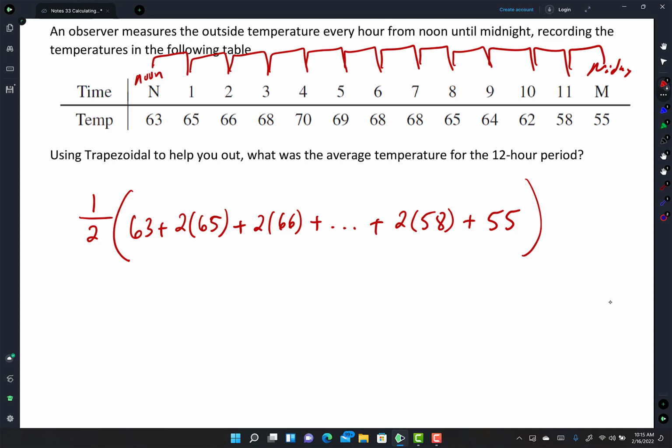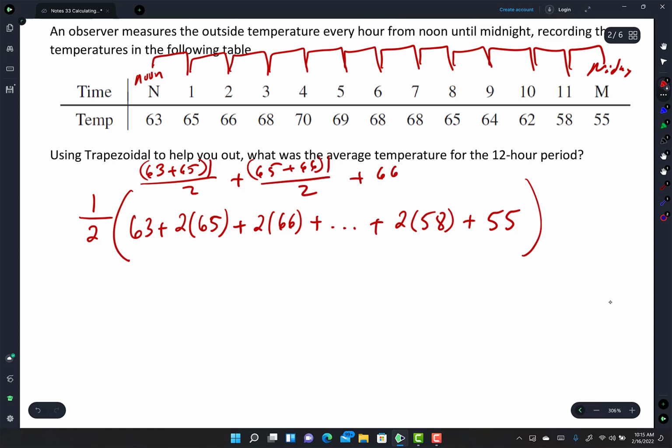Why did they use 2 again? Oh, because if we would have figured out the area of each trapezoid individually, we would have had to do this: 63 plus 65 times 1 divided by 2, plus 65 plus 66 times 1 divided by 2, plus 66 plus 68 times 1 divided by 2, plus ... Notice that these 65s come out twice.